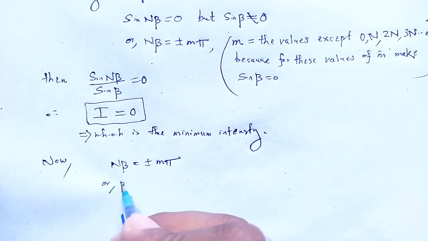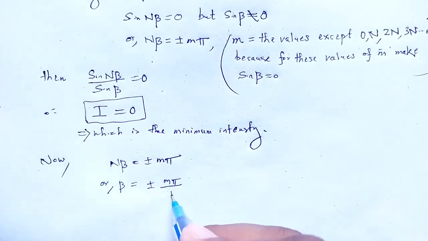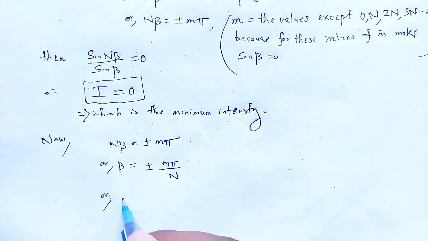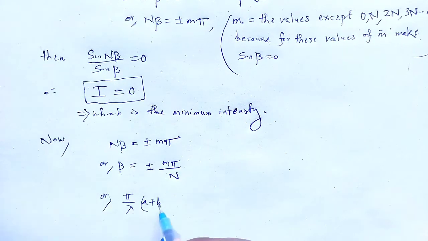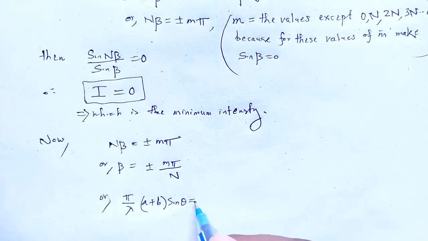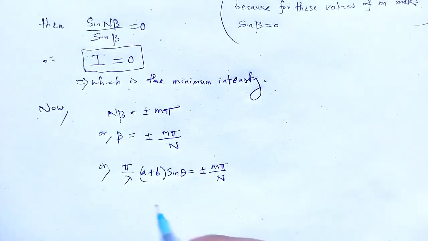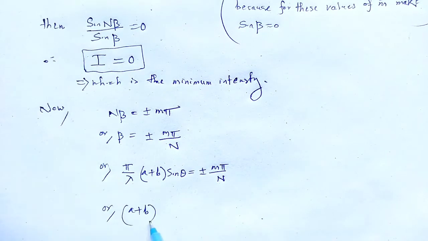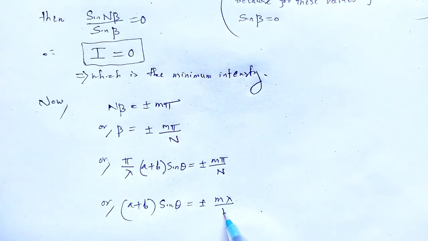Therefore, beta is equal to plus minus m pi divided by n, or pi by lambda times a plus b sin theta is equal to plus minus m pi by n, or a plus b sin theta is equal to plus minus m lambda by n.